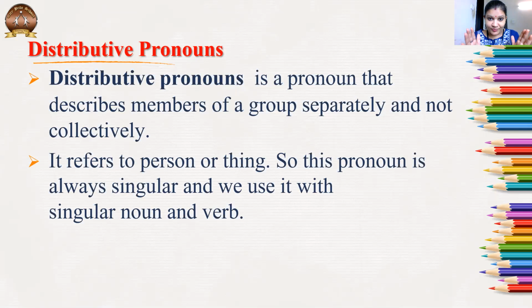It's a group. Every, what thing comes to your mind when I say every? A group. But here in the group, every individual or everything individually is pointed out. So it is actually addressing a group but referring to a single person and thing. So this pronoun is always considered singular and we use it with singular noun and verb.